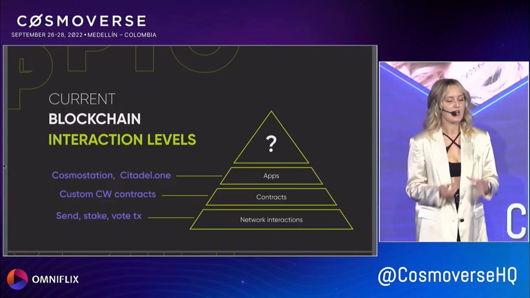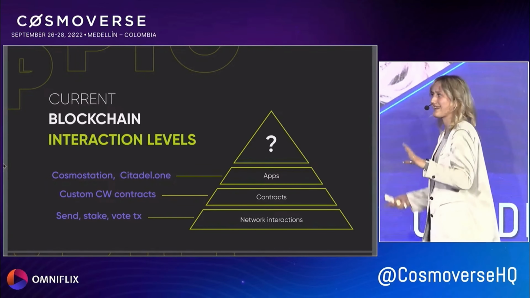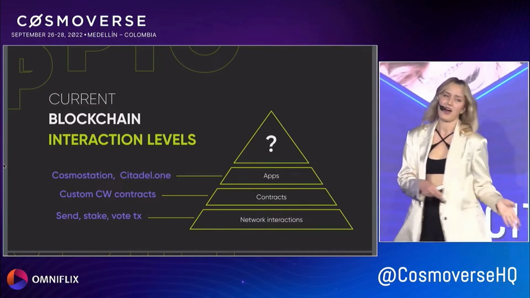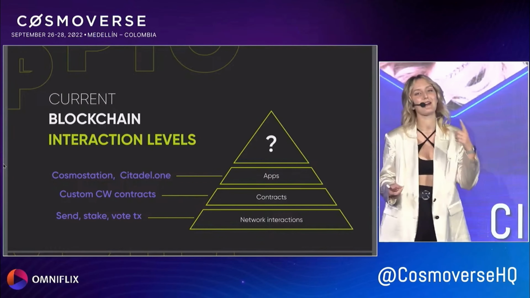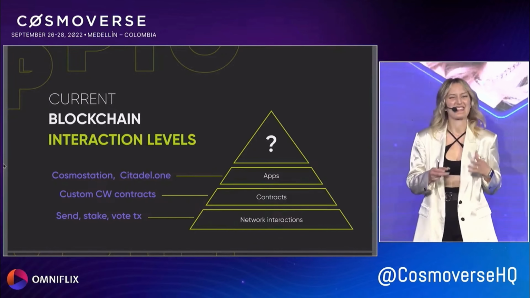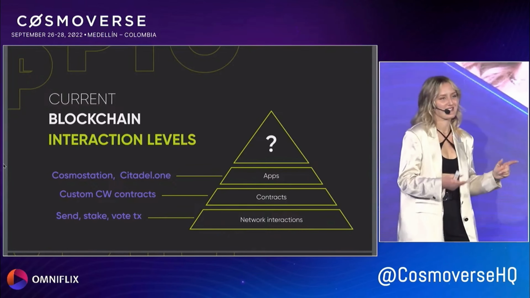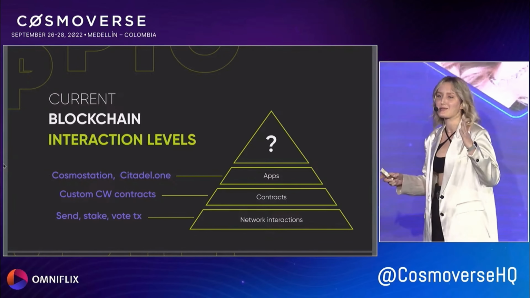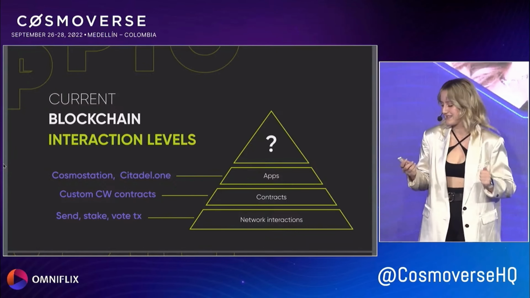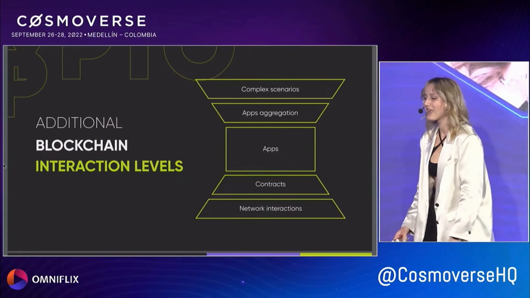It's not easy. So the first attempt to solve the user problems is applications, like Cosmostation or Citadel.one. We're trying to make it easier, but still, as Enrico was mentioning, it's still for very tech-savvy people. You need to figure out the seed phrase and everything. So what happens next is the way to provide an easy user interface for those who are not in crypto.